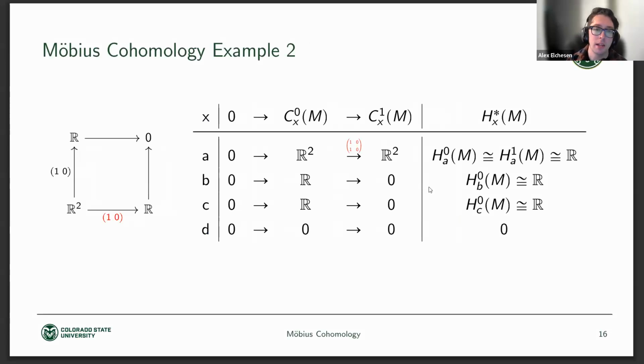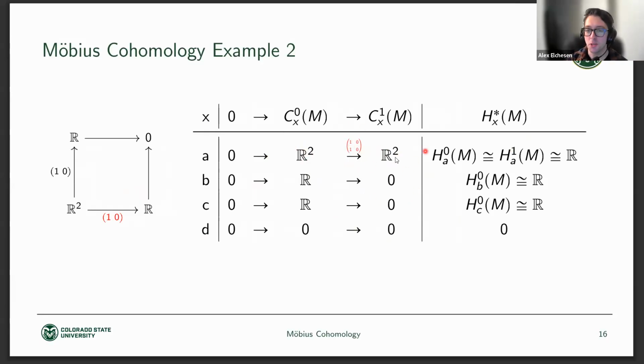So in this example, essentially everything's the same. So the whole chain computation to get the vector spaces in our chain complexes are the same. The only difference is that this map changed when we're computing Möbius cohomology at A. So now the map changed from the identity to this rank 1 matrix.